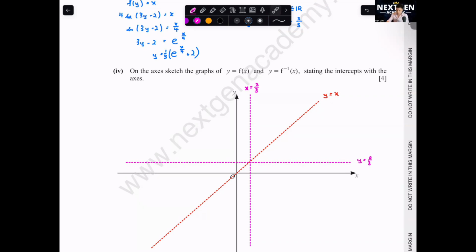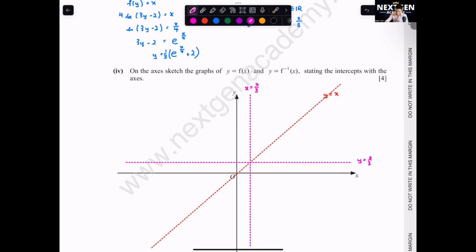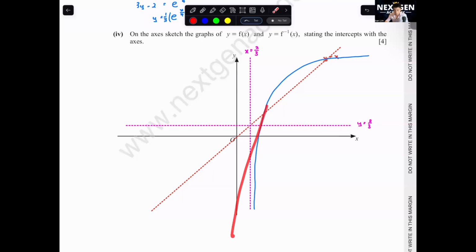f(x) is an ln graph, so an ln graph looks like this. Normally, you draw it like this. Your asymptote here, you have to be careful. Draw almost like a straight line like this, then like this. Don't go beyond here, don't go to the next quadrant. What we need to label is here equals 1.